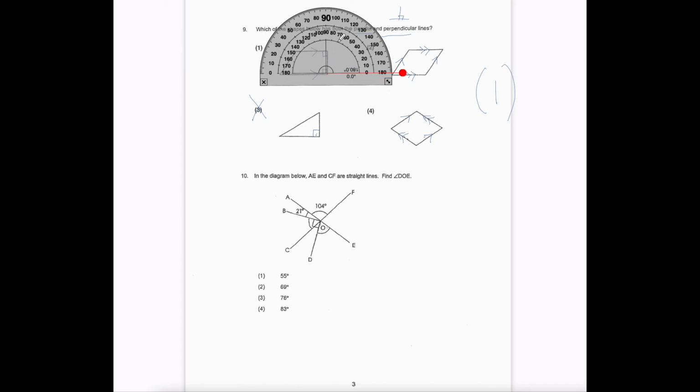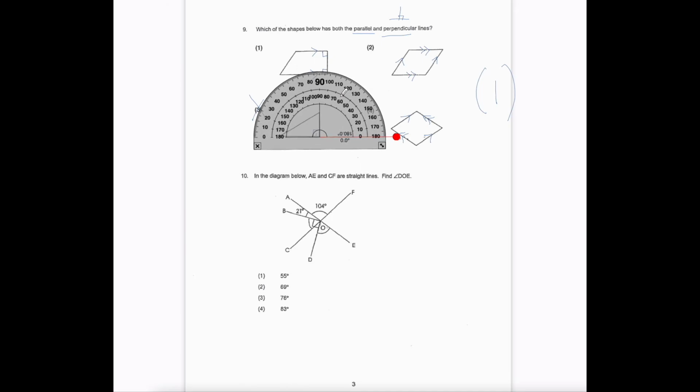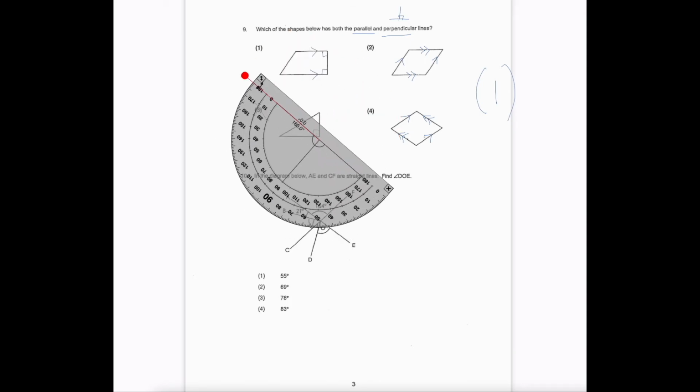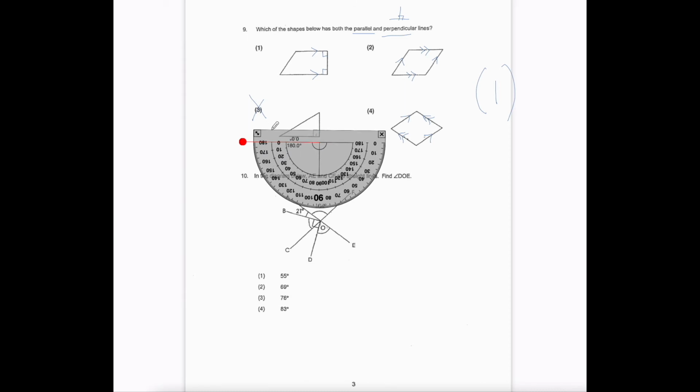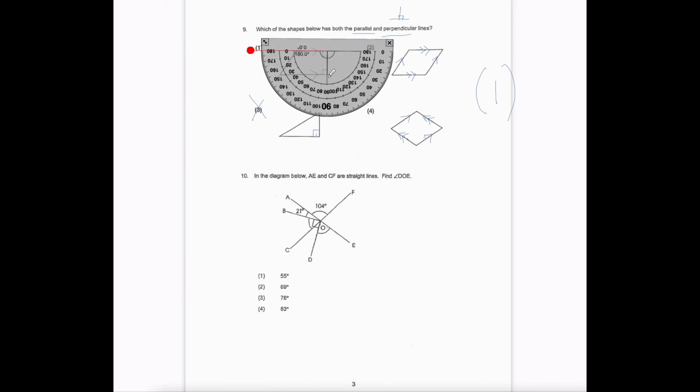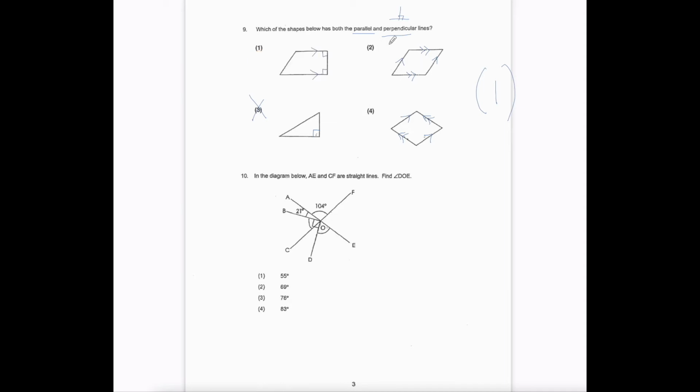Can you see this is a right angle here, and this is also a right angle. Yeah, so I can also flip it this way so that you can see that this is a right angle. So these three are all right angles. Okay, I'm going to move on to question 10.